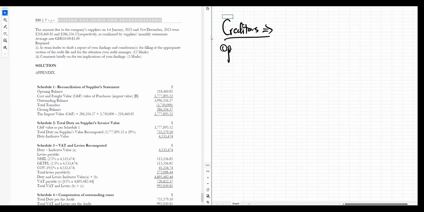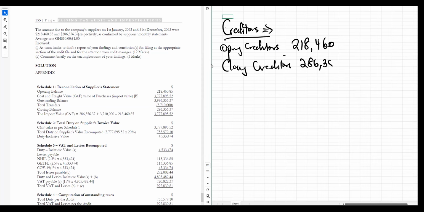So they've given us the opening creditors to be 218,460.85, and the closing creditors to be 286,356.37. And they've given the exchange rate to be 10 CD to $1.